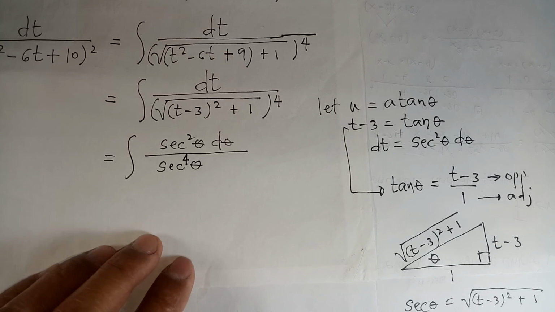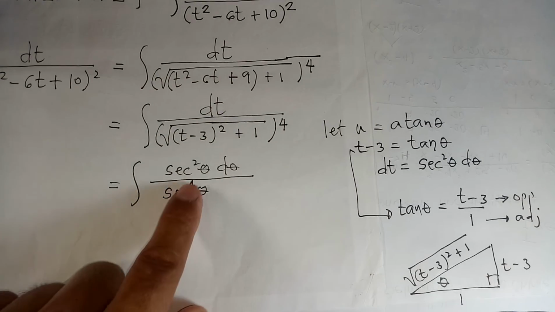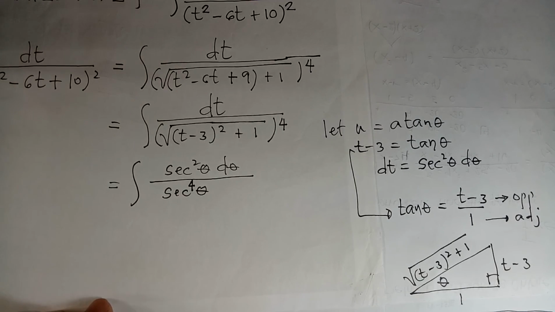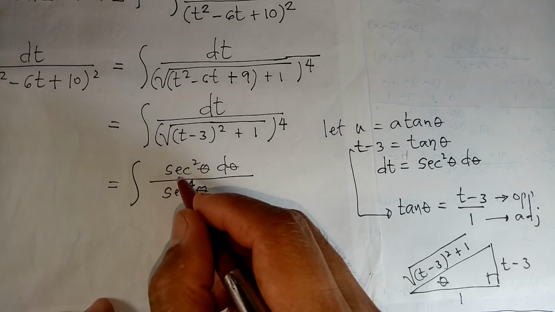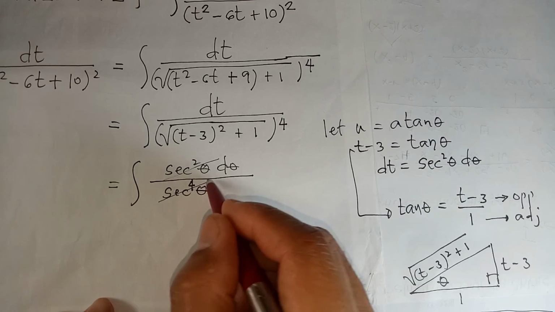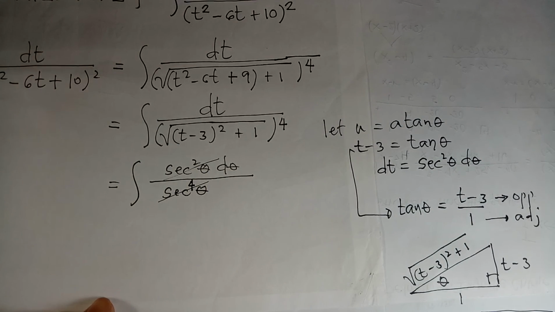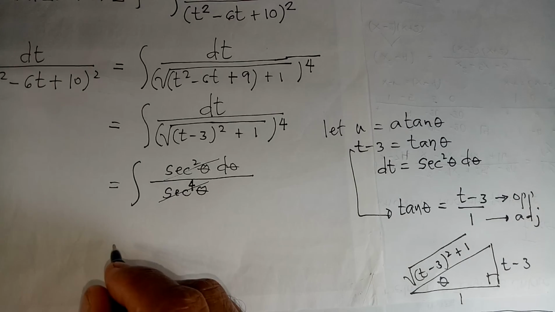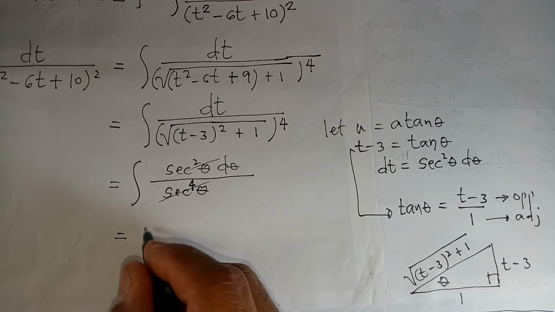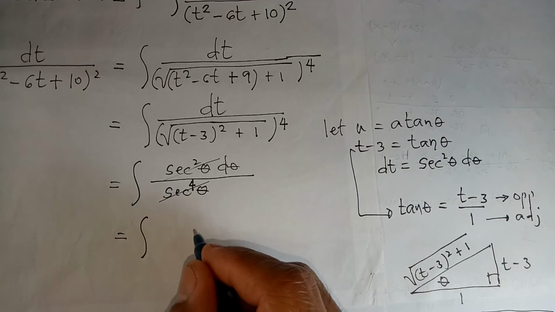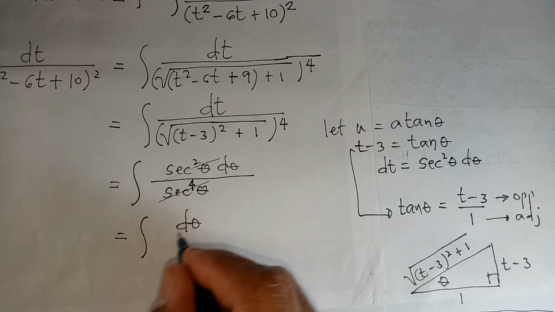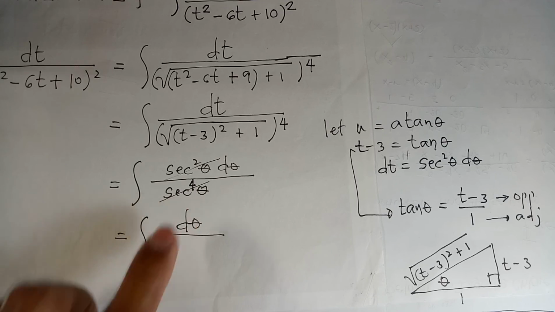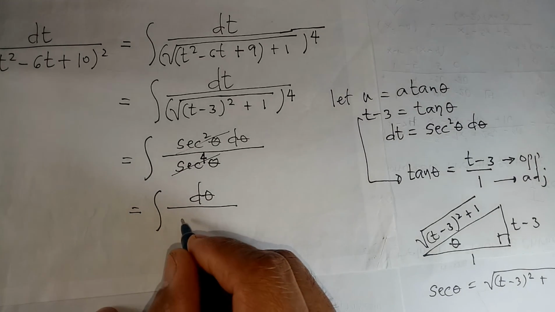No? Okay. So here, cancel ang secant squared theta. No? So, cancelin natin ang secant squared theta. Okay? So, ang natira na lang sa numerator ay yung d theta. So, equals integral of d theta divided by, so natira na lang dito ay secant squared of theta.